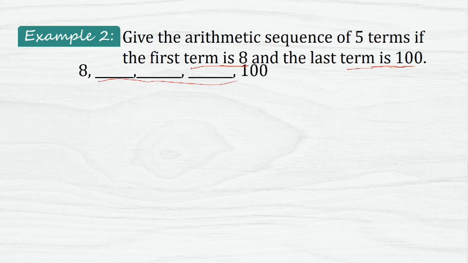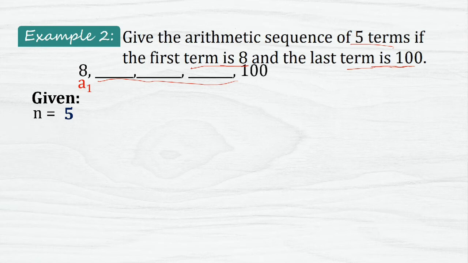So, we need 3 arithmetic means between our first term, 8, and our last term, 100. Okay? So, our n here is 5, since there are 5 terms in all. So, the value of n is 5.